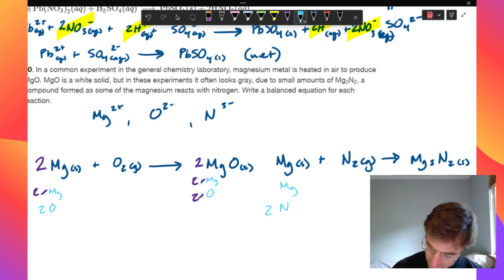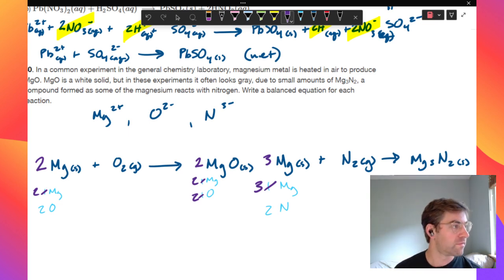We have 2 nitrogens on the left, and 2 on the right, but we have 3 magnesiums on the right and only 1 on the left. That should be an easy fix. We just throw a coefficient in front of the magnesium. And we should be good to go.